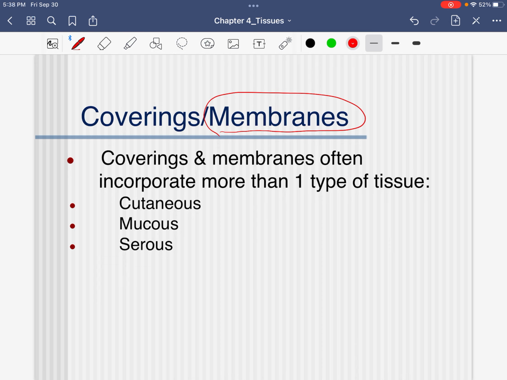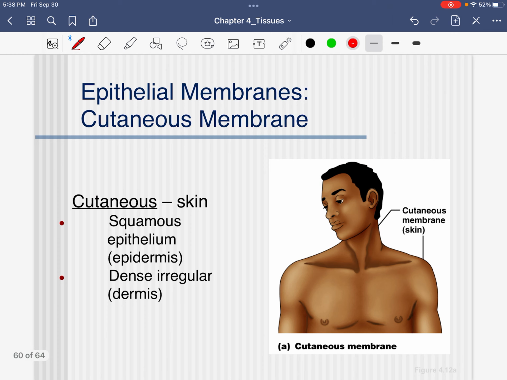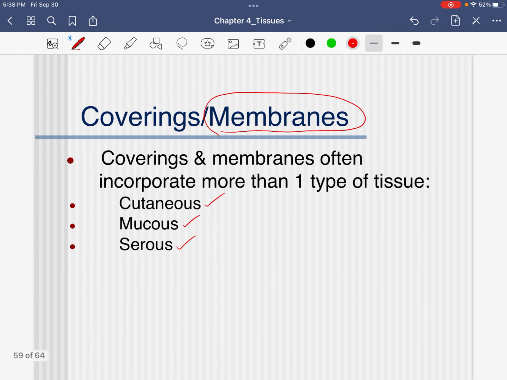We're going to talk about what makes a cutaneous membrane, what makes a mucous membrane, and what makes a serous membrane. Before we talk about each, you can see here coverings and membranes often incorporate more than one type of tissue. Let's just be really specific.